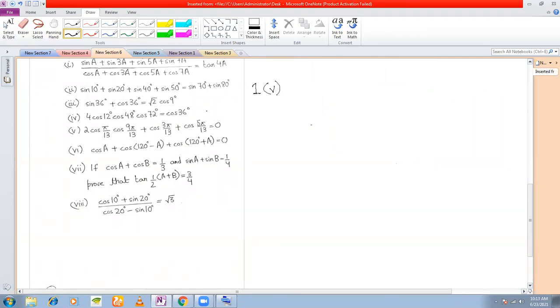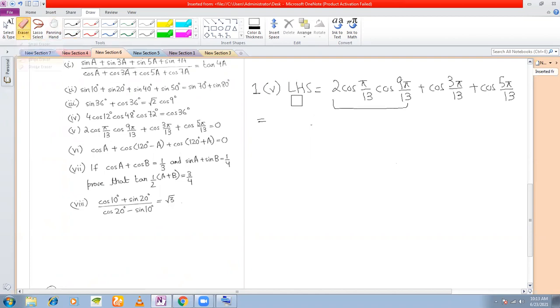Number 5. Question is 2 cos pi by 13 cos 9 pi by 13 plus cos 3 pi by 13 plus cos 5 pi by 13. Start on the left hand side. Right. Now see here, you have got 2 cos A cos B form here. This is a product.